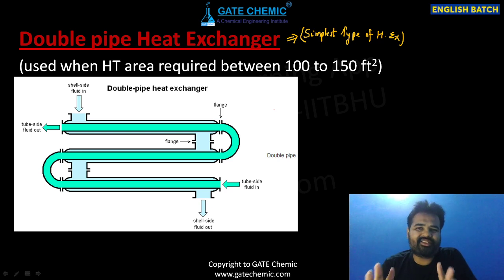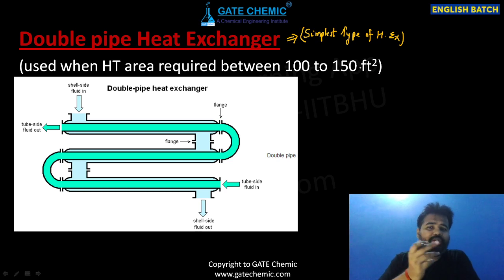This is just a range. Maybe you can see more than 150, like 155, or like 80 feet square. This is just a typical range. Most double pipe heat exchangers, if you see, will have this heat transfer area, that is 100 to 150 feet square.